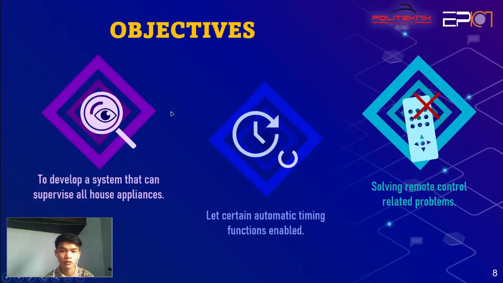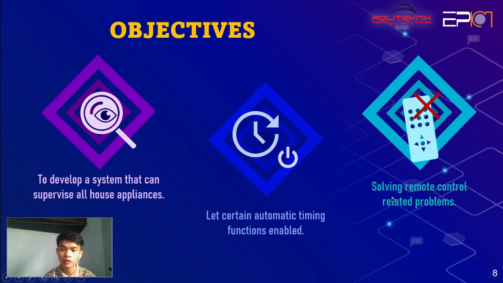Okay, so what is our objectives for this project? Is to develop a system that can supervise all household appliances. Let certain automatic timing functions enabled. For example, the garage light, whether during the day it will turn off, then during the night it will automatically turn on.